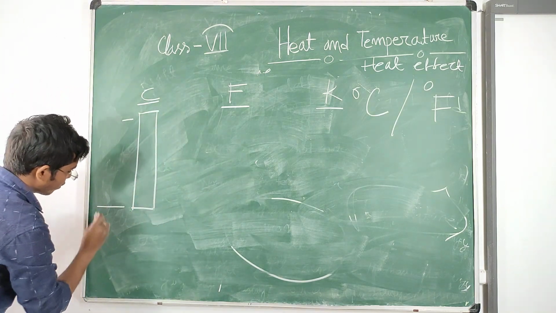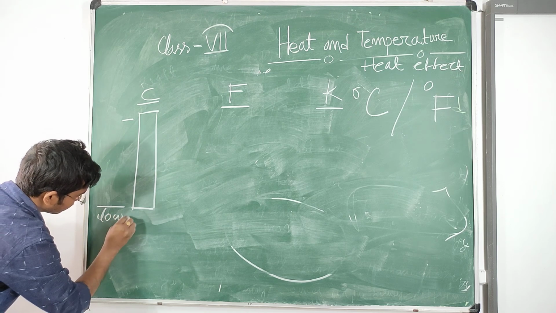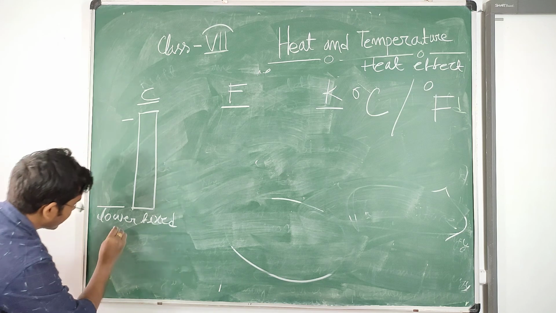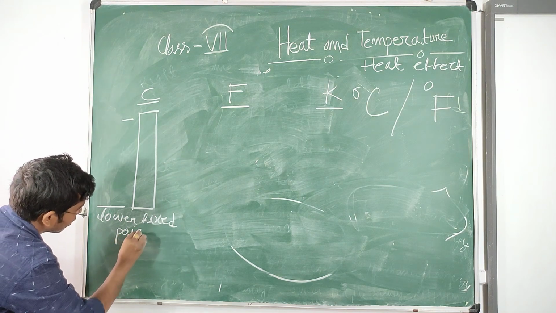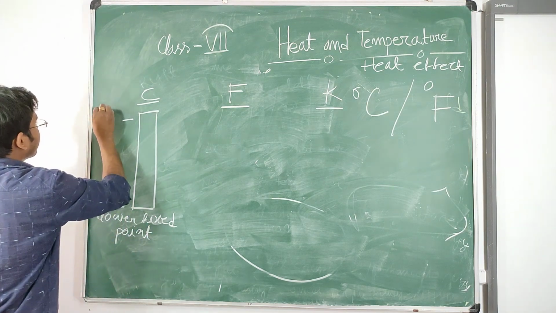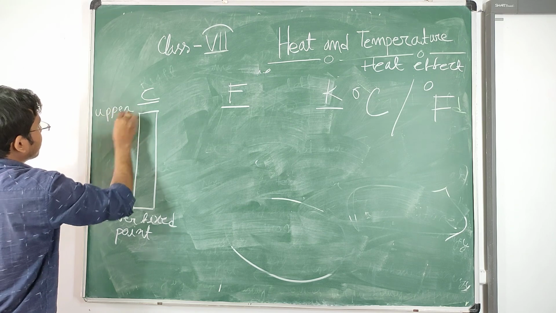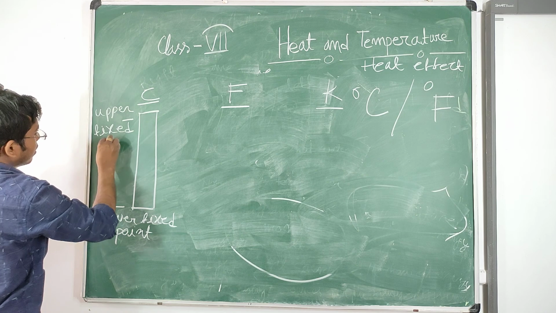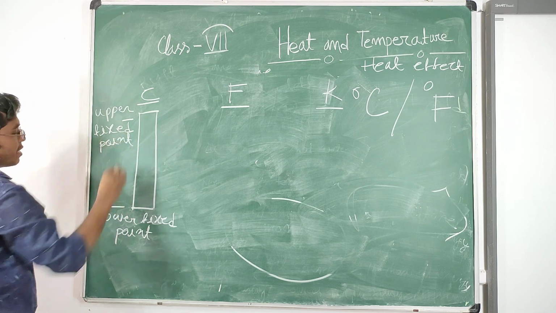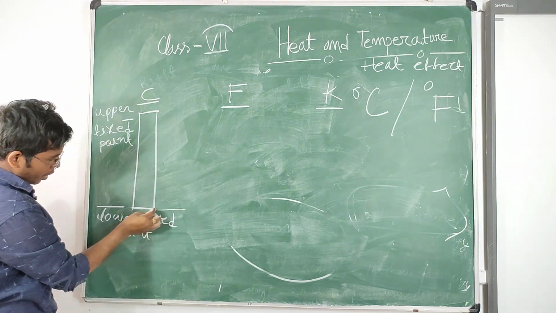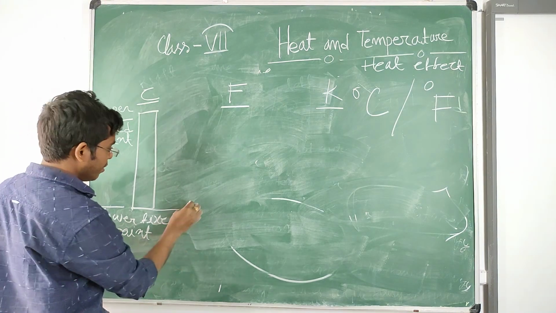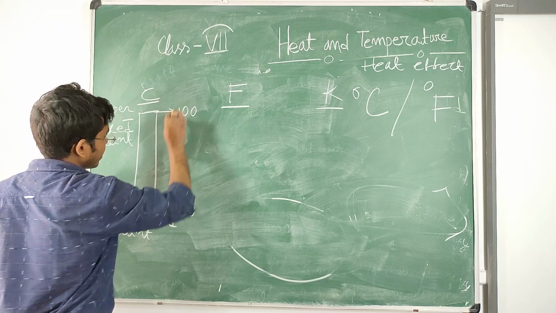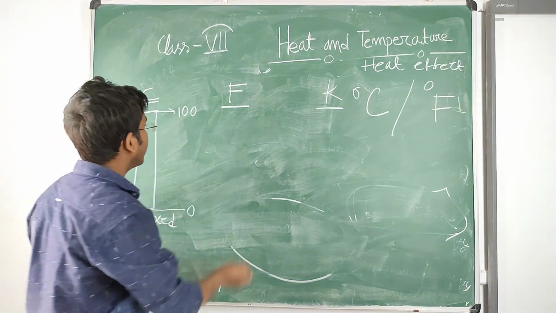This is the lower fixed point and this is the upper fixed point. For the Celsius scale, the freezing point of water or ice is 0 degrees centigrade, and the boiling point of water is 100 degrees centigrade. The same concept we use here.